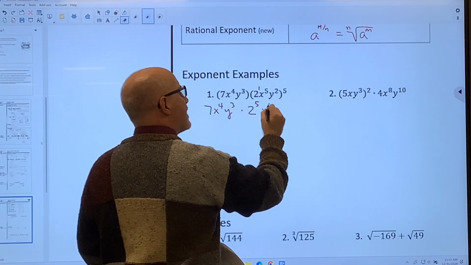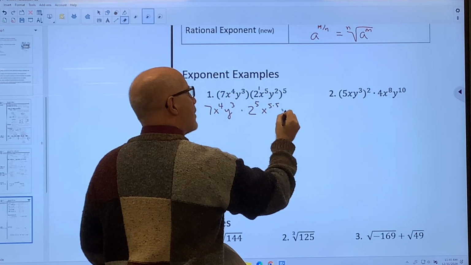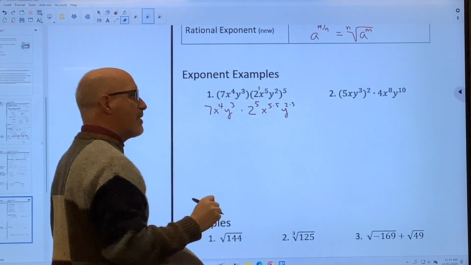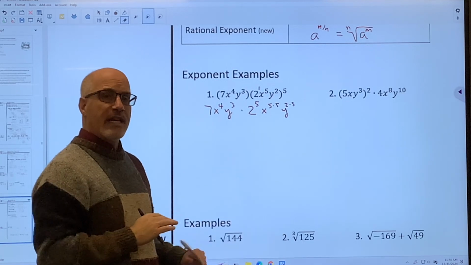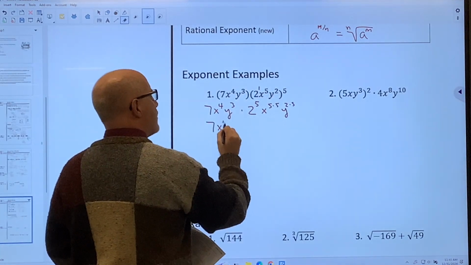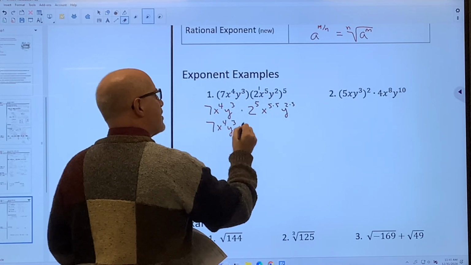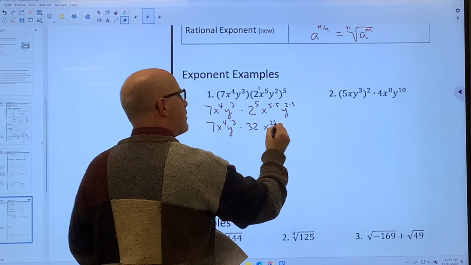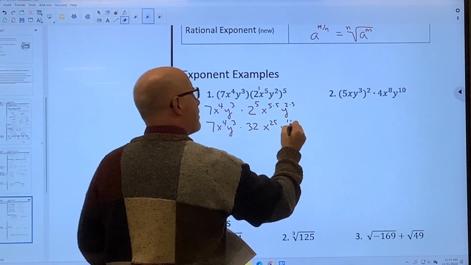X to the 5 times 5 power, and then y to the 2 times 5 power. So it comes into each of them, and then when there's already an exponent, you multiply by it. So this one I'm going to leave alone for just a moment. 2 to the 5th is equal to 32, x to the 25th power, y to the 10th power.